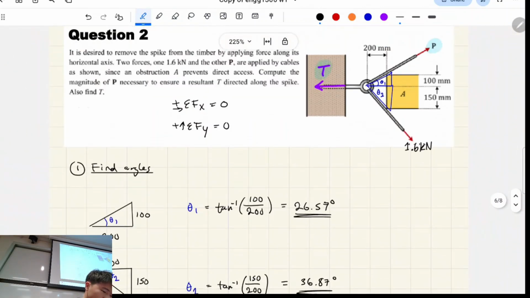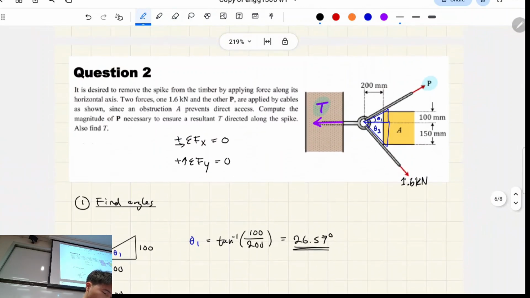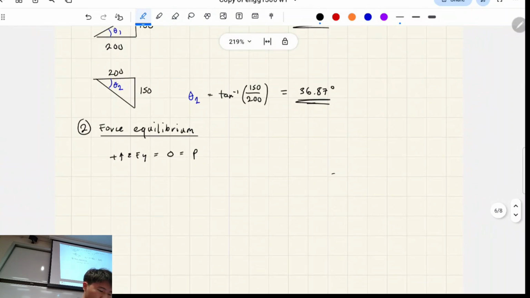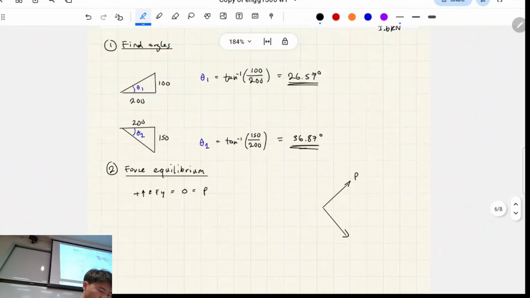Okay, let me just redraw this so it's easier to look at.